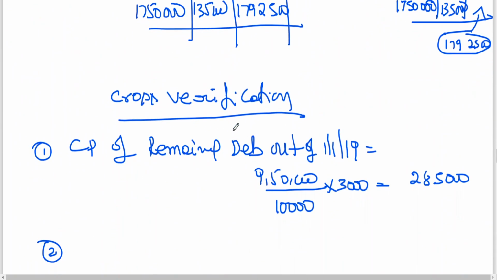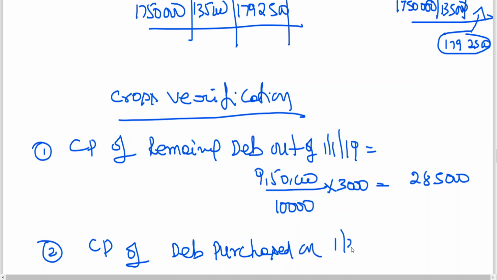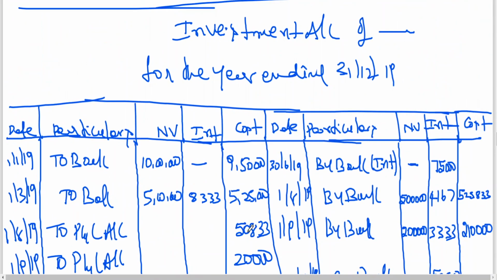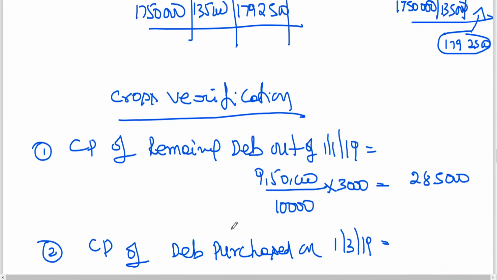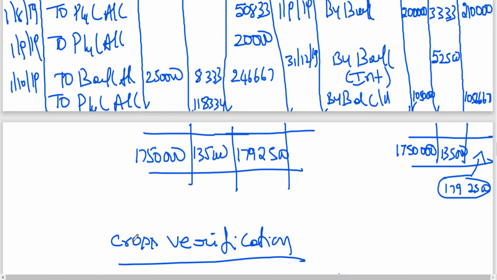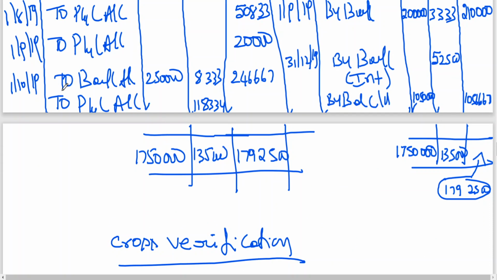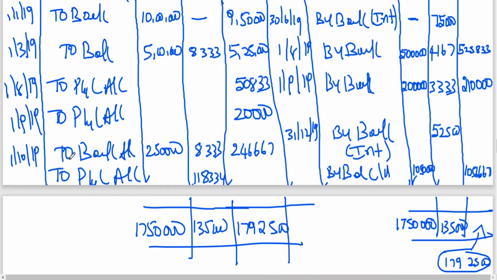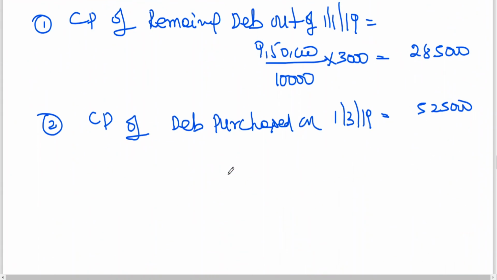So 1st March 19, coming to 5,25,000. Then cost price of debentures purchased on 1st October 19.